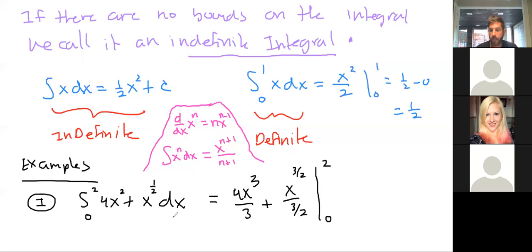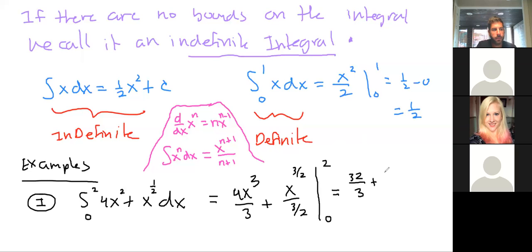Okay, so the next thing you have to do is plug in 2. So if you plug in 2 to this, you get, I guess I should go back to. And by the way, we'll do some more examples and hopefully it'll become clear. When you plug in 2, you get 4 times 8, so you get 32 over 3.